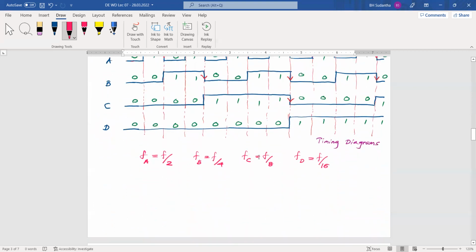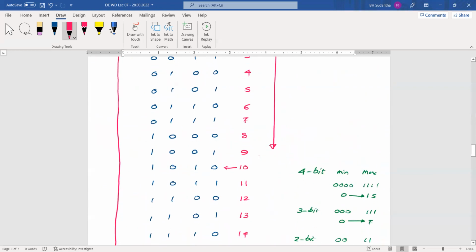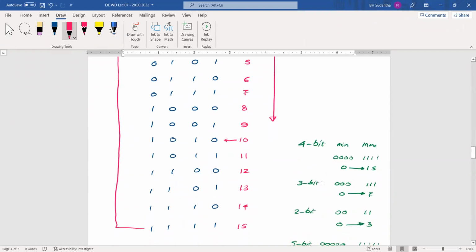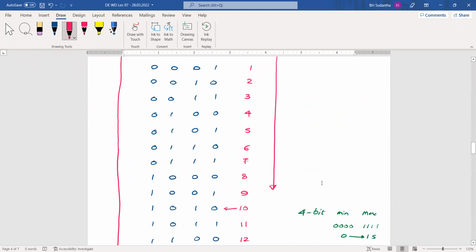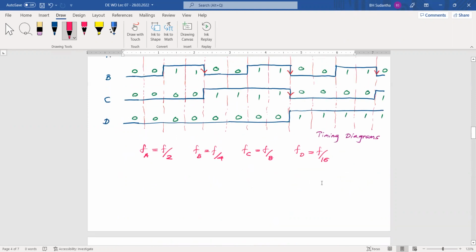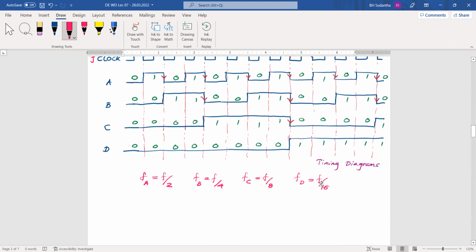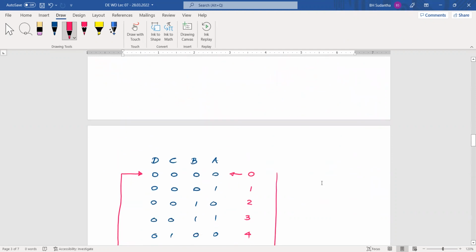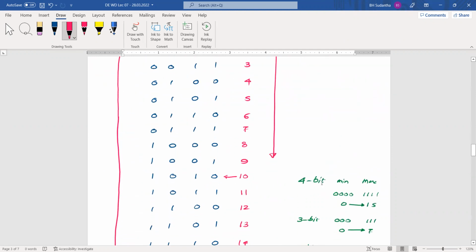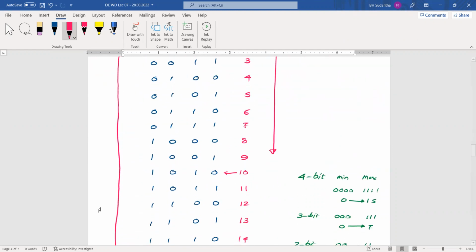Then instead of saying it's a 3-bit counter, you can say it's a divide by 8 count. Instead of saying it's a 4-bit counter, you can say it's a divide by 16 count. This is another name for this type of counters.